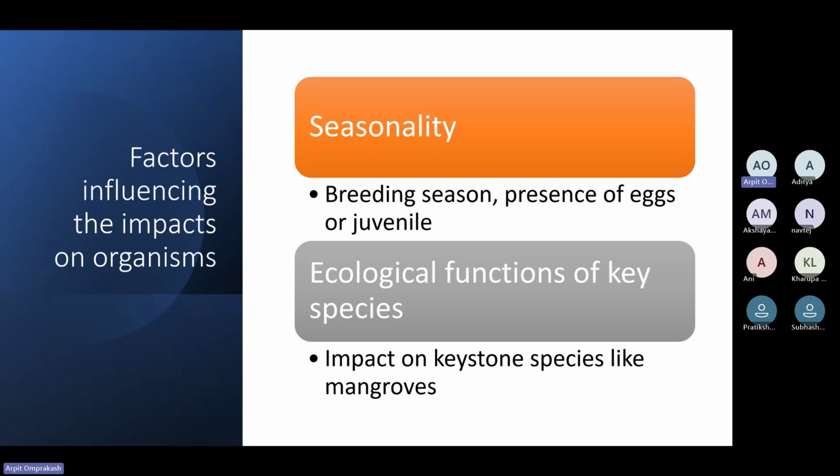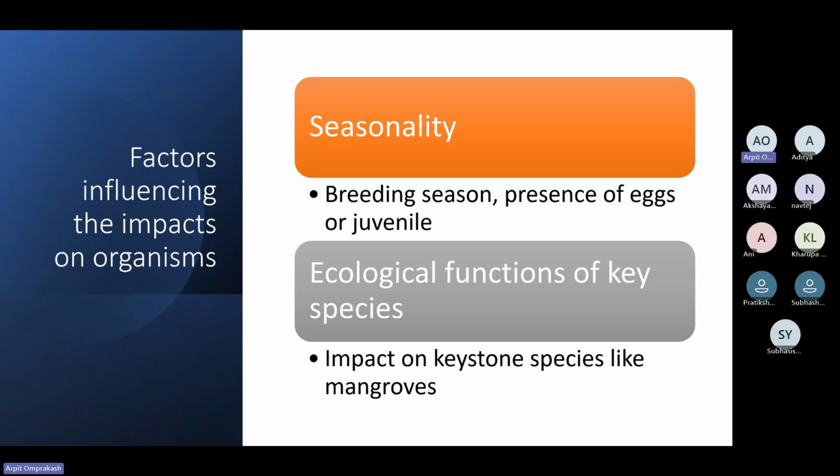There are various factors that influence the impact that oil spills have on organisms. For example, seasonality. If the organism is in breeding season, there are more juveniles or more eggs present in the area and not a lot of adults.